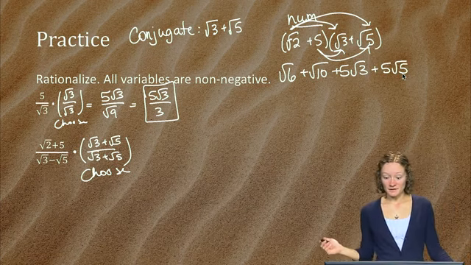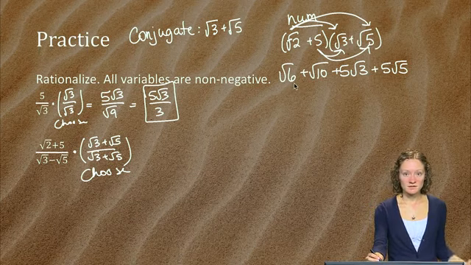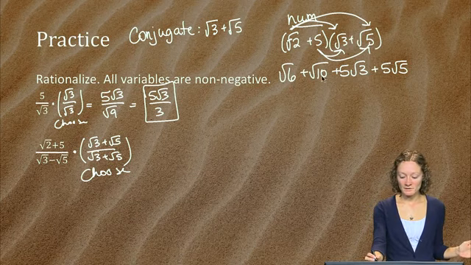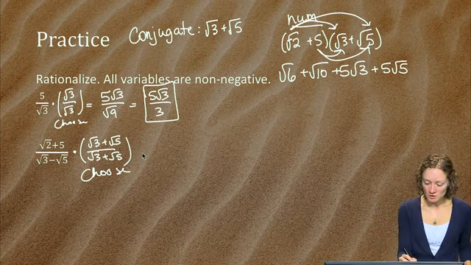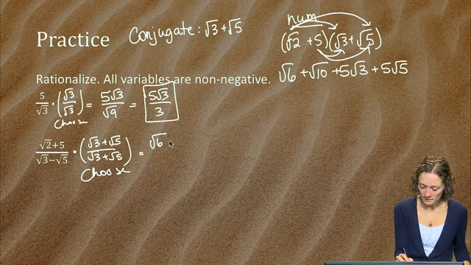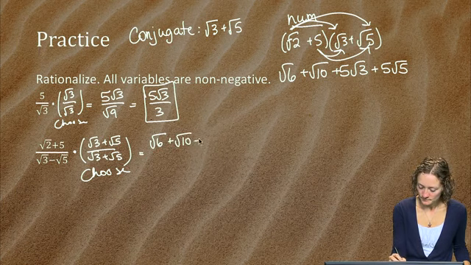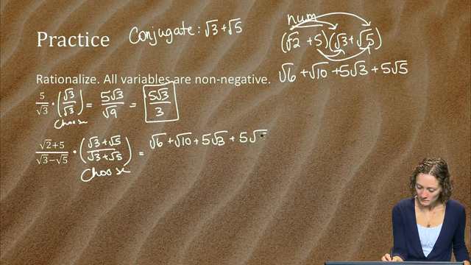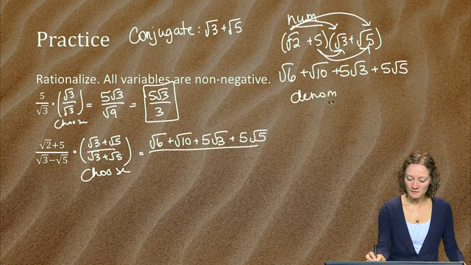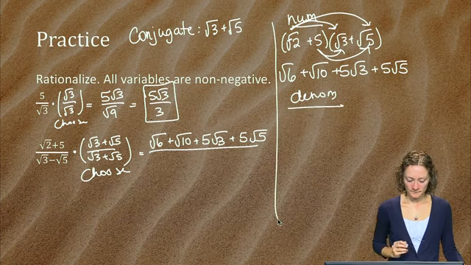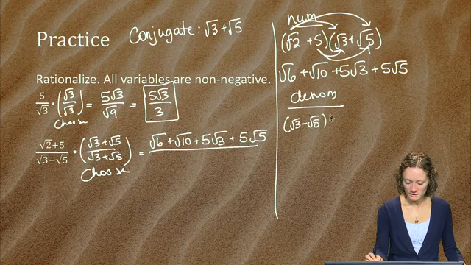And these are all different, and they all don't simplify. 6 is 2 and 3, no pairs. 10 is 2 times 5, no pairs. So that's as good as the numerator gets. Then the denominator, we have root 3 minus root 5 times root 3 plus root 5.